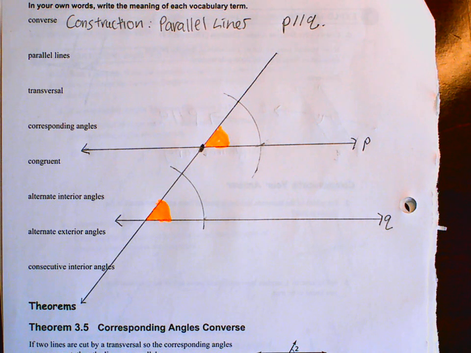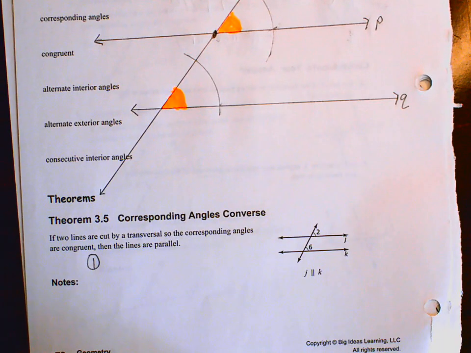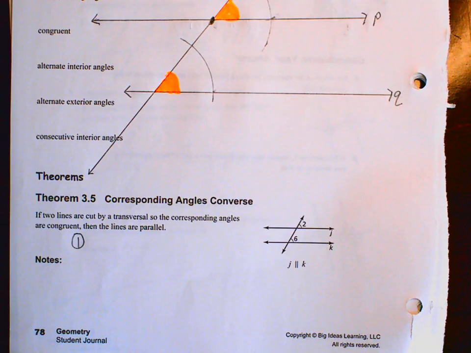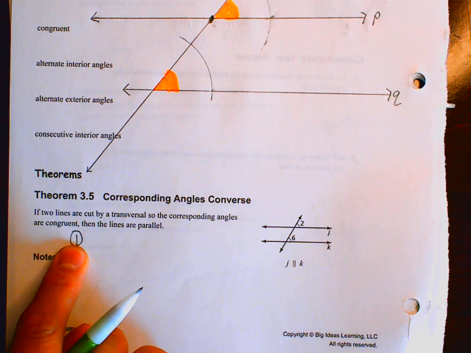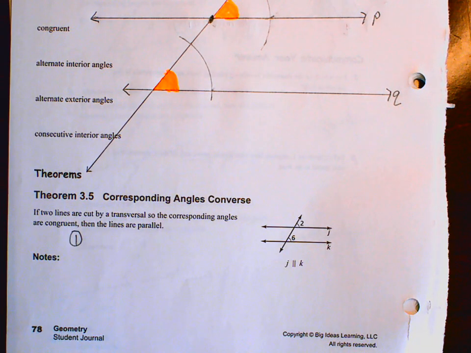Now, let's go ahead and look at the theorems that we are going to be applying today. The first theorem is at the bottom of page 78. Problem 1 is going to go there. Okay, so it says if two lines are cut by a transversal, so the corresponding angles are congruent, then the lines are going to be parallel.